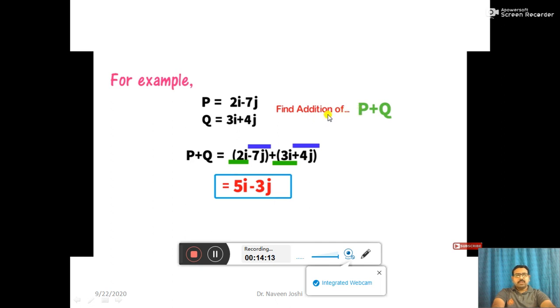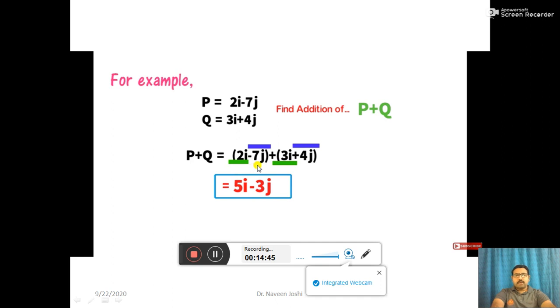Find the addition of P plus Q. So P plus Q equals vector P, 2i minus 7j, plus vector Q, 3i plus 4j. For addition, add the ith component of the first vector with the ith component of the second vector. In the first vector the ith component is 2i, in the second it is 3i, so 2i plus 3i gives 5i.